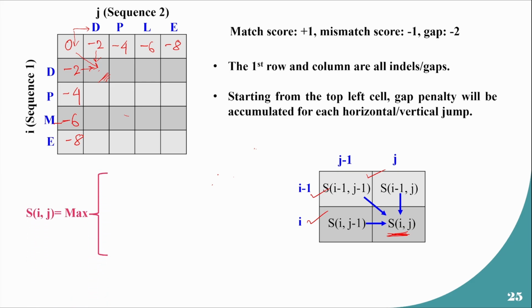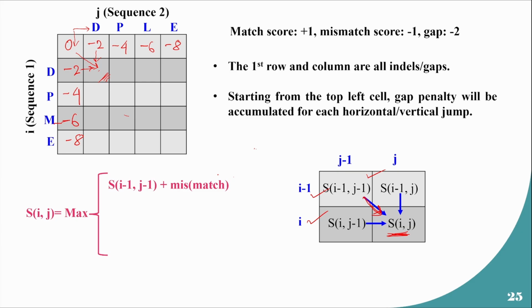So the value for the current grid that we will calculate, the S(i, j), will be the maximum score among the three possibilities. What are the three possibilities? Firstly, we will trace this path, which is S(i-1, j-1). This will consider a match or a mismatch.